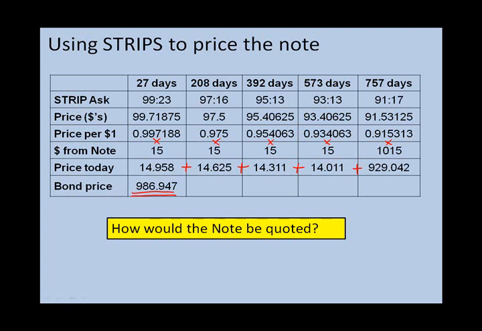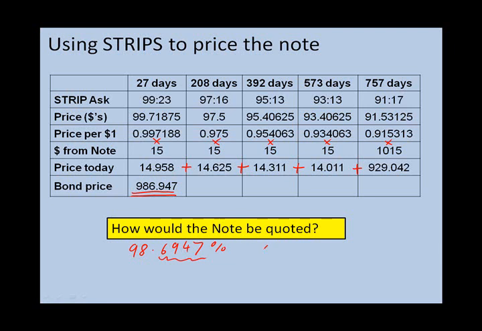It's a government bond, so we know it's going to be expressed in percentage terms relative to a par value of 1,000. So we know it's going to be 98.6947%. But we know that we've got to convert this decimal into 32nds.